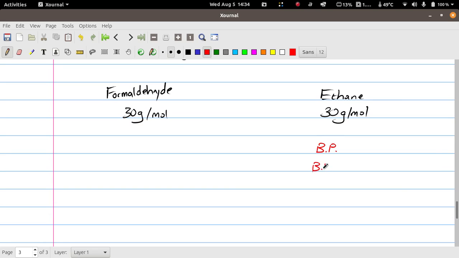And this is where intermolecular forces start to become important. So let me write it over here. So the boiling point for formaldehyde, while it's not high, compared to ethane it is way higher. So that is what's happening with intermolecular forces.